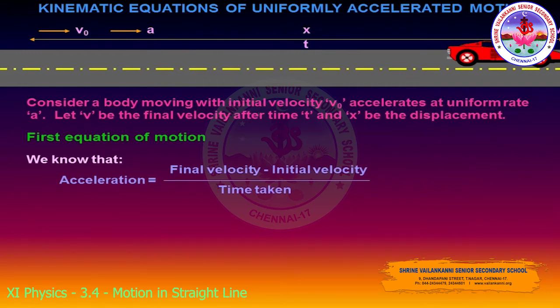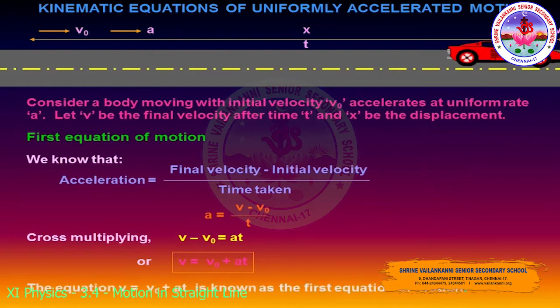So a is equal to v minus v naught by t. By cross multiplying, we get v minus v naught equals at, or v equals v naught plus at. So this is the first equation of motion.